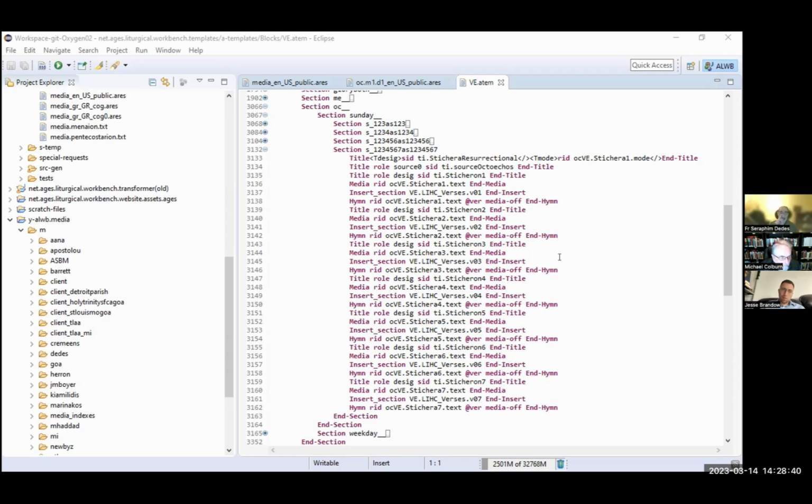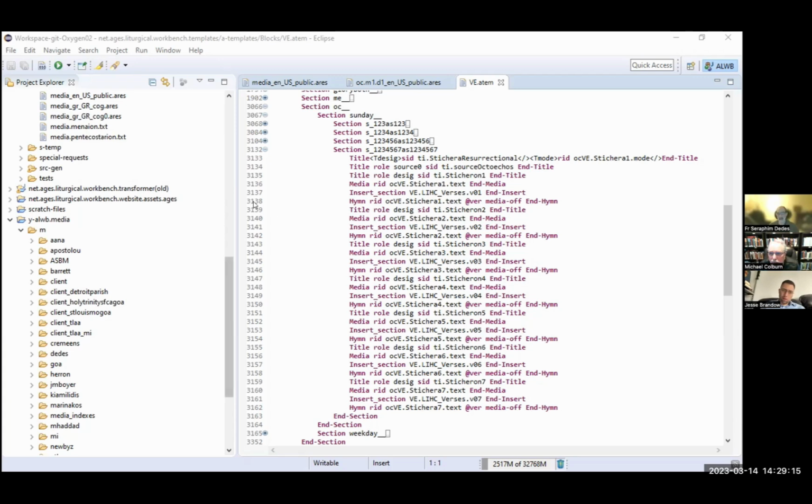When you're there, tell me. Okay, I'm there. So where it says, Lord, I've cried, let my prayer, and then it says, resurrectional stikira, mode plagal 1, stikiron 1. Do you see that? Correct. We're going to see in the template where that came from.